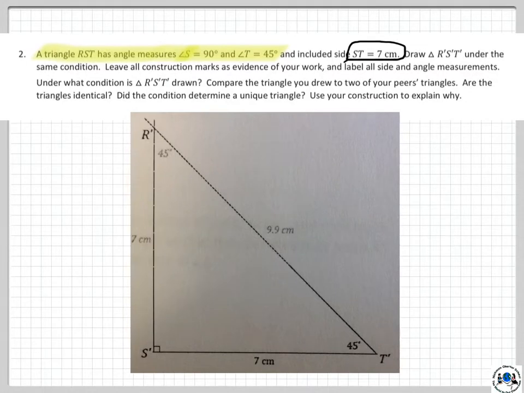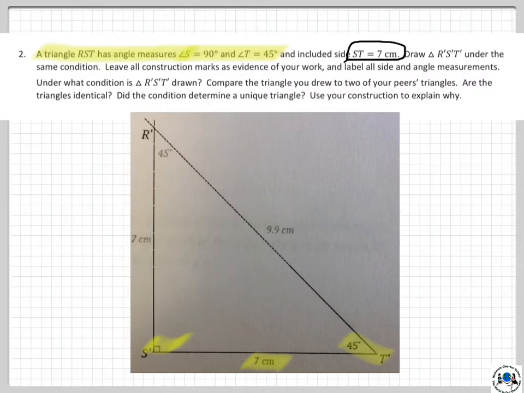Okay, so here's what yours probably would have looked like. It could be facing a different way. It wouldn't matter, as long as you have everything in its right place. You can see the conditions we drew this under: two angles given, angle S, which was 90 degrees, and angle T at 45 degrees, and the included side ST, which was 7 centimeters.